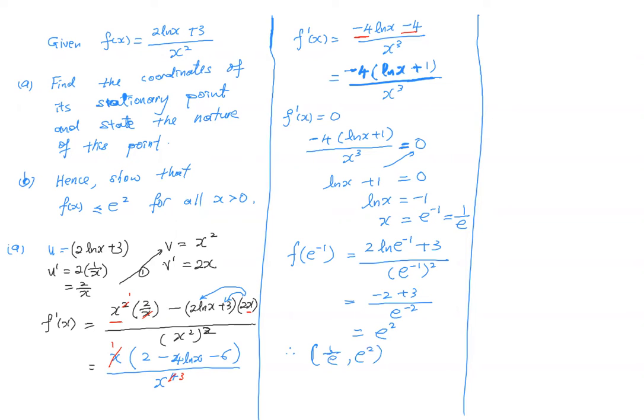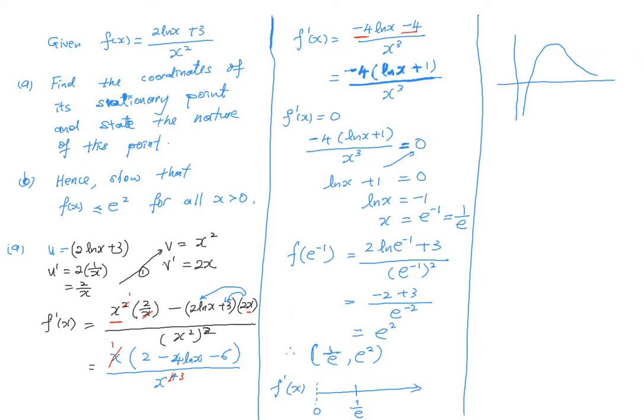Okay, you want to know the nature, you must draw the sign diagram of f prime x. Since the domain for f prime x is x must be greater than 0, when you do your sign diagram, you better be careful. So this is your 1 over e. If you use your GC to draw the graph, you find that this graph goes this way.